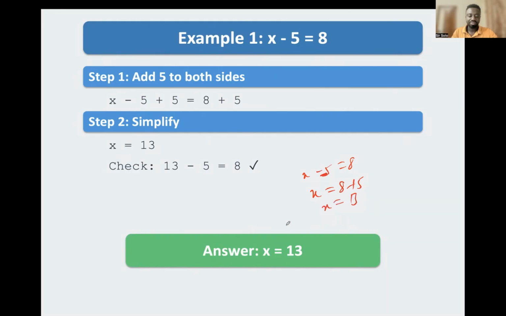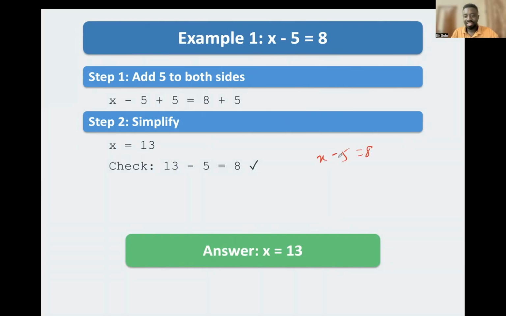Now we can use our rules of addition. I can say if A is equal to B, then A plus C is equal to B plus C. We can check the equation x minus 5 is equal to 8.